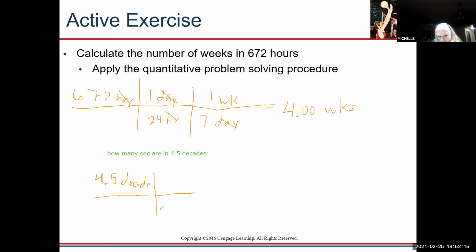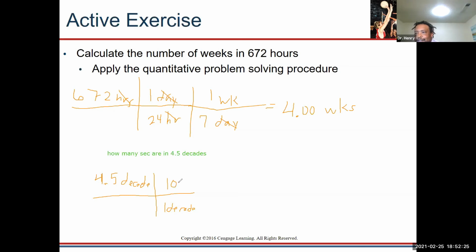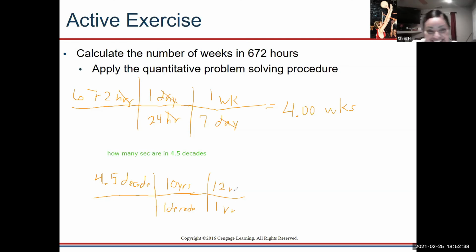Then would you go to years? There's 10 years in 1 decade. And in 1 year, there's 12 months.